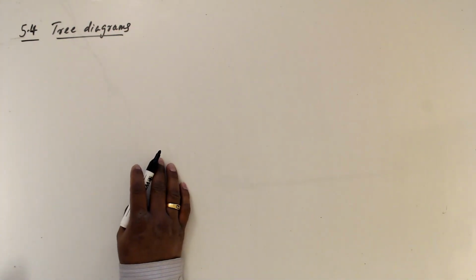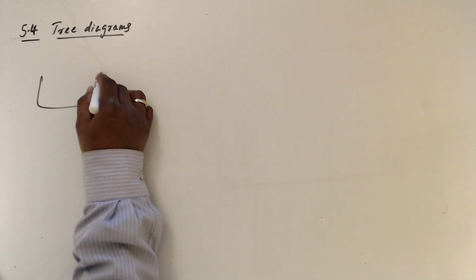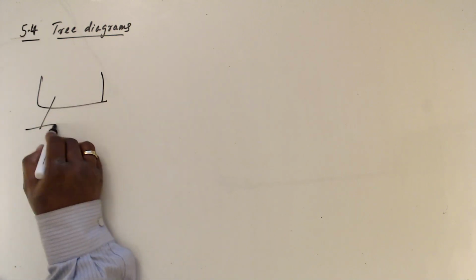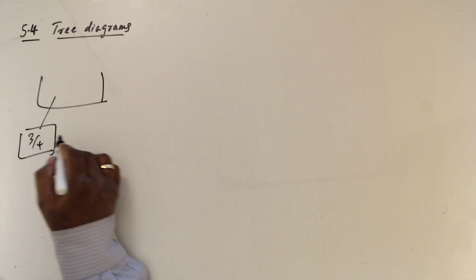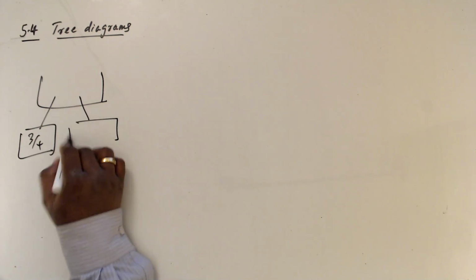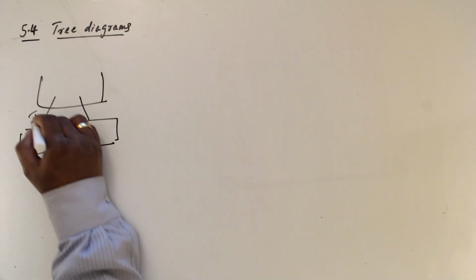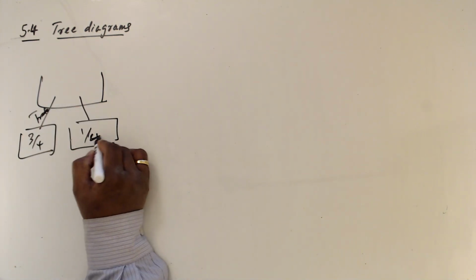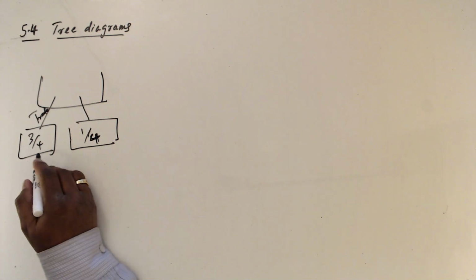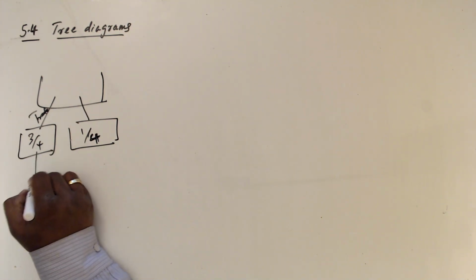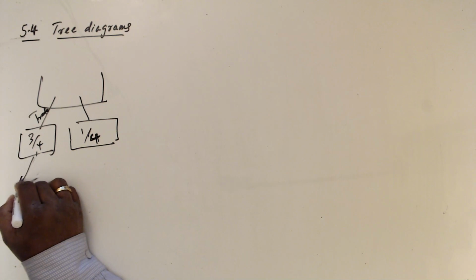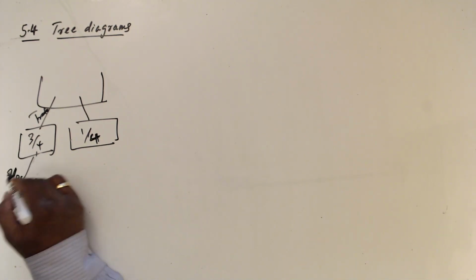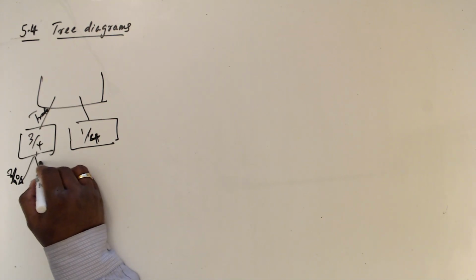This is another example. Assume that there are flower seeds. Out of that, 3/4 were treated and 1/4 not. For the treated, the probability of flowering is 8 out of 10 and none is 2 out of 10.